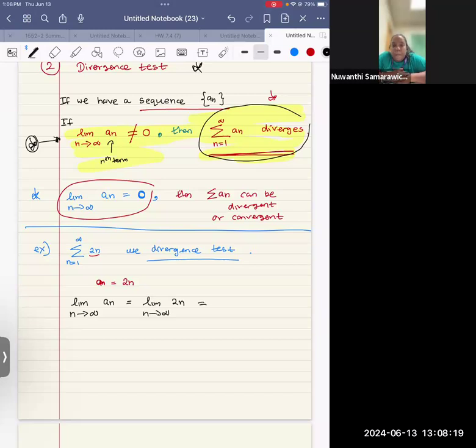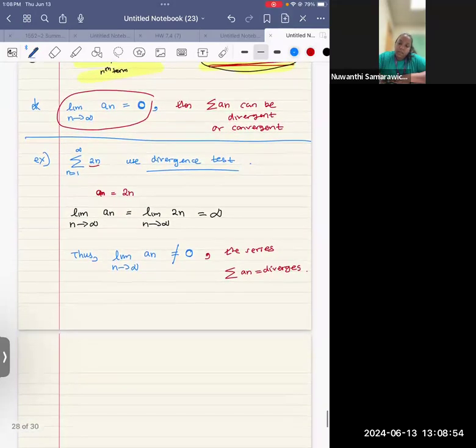This is equal to infinity, so this is not equal to 0. Thus the limit of the nth term is not equal to 0, and straight away we can say the series diverges. So 2n is divergent.